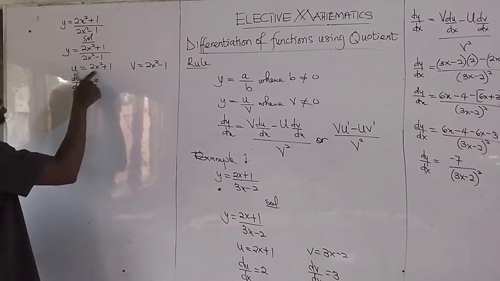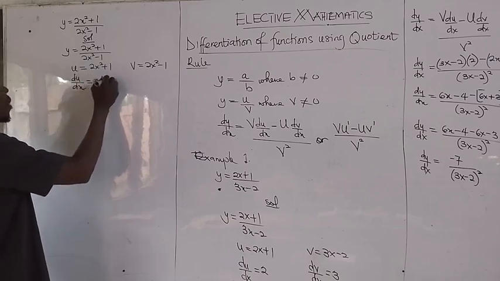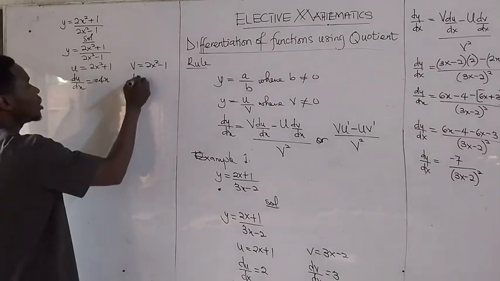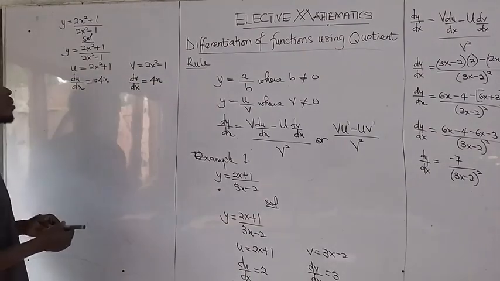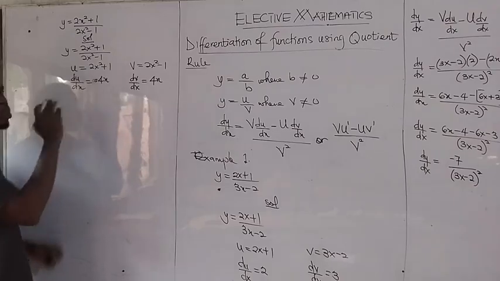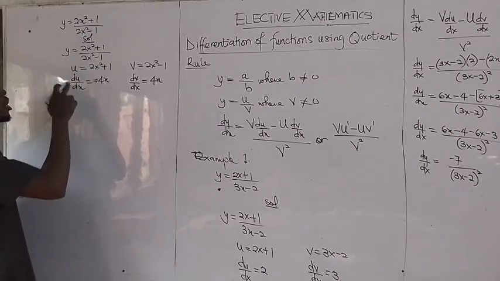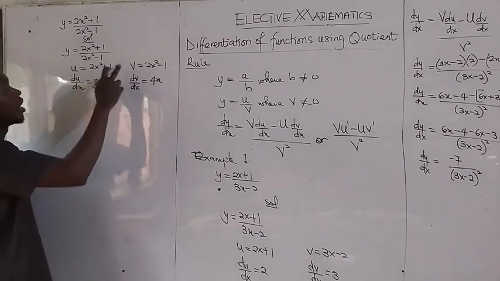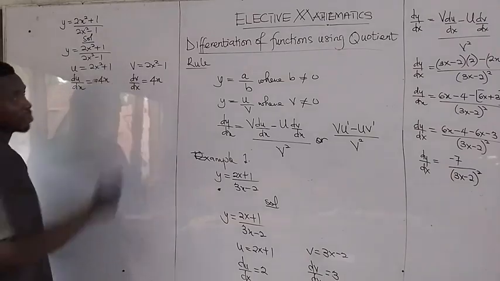When you differentiate 2x squared, you get 4x. The constant will go. dv over dx, if you differentiate, this is what you are going to get. You have du over dx giving us 4x, dv over dx giving us also 4x.